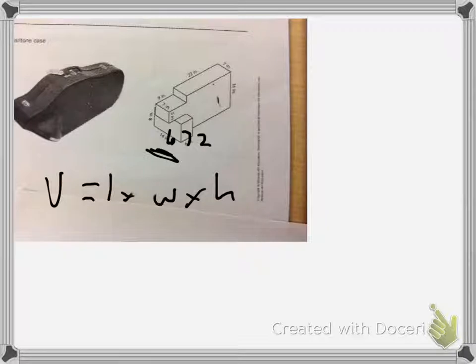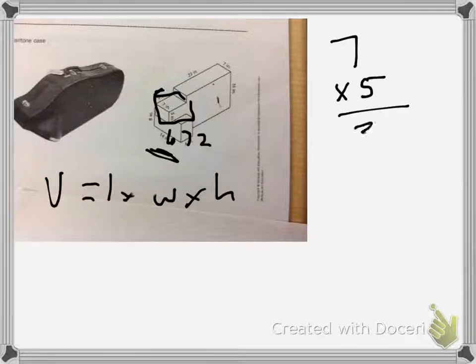Now let's find the very small one. I'm going to mark it right here and draw a square around it. We have 9 inches long, 7 inches wide, 5 inches tall. Let's take our two smaller numbers first. 7 times 5 equals 35.